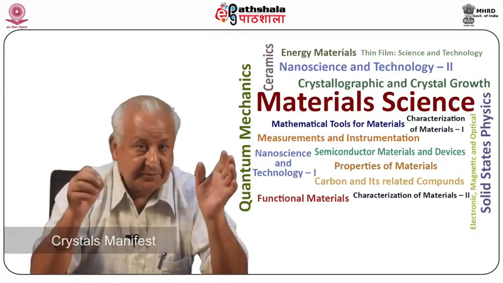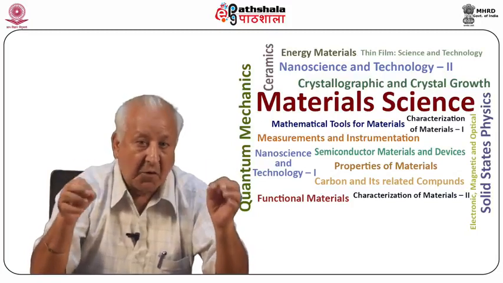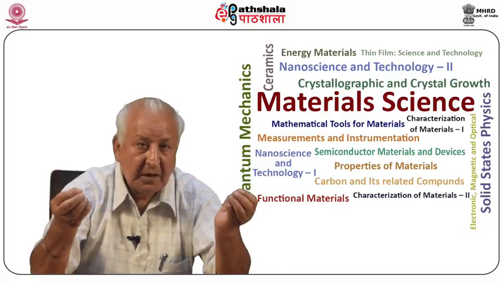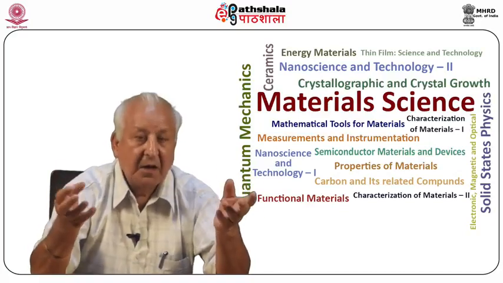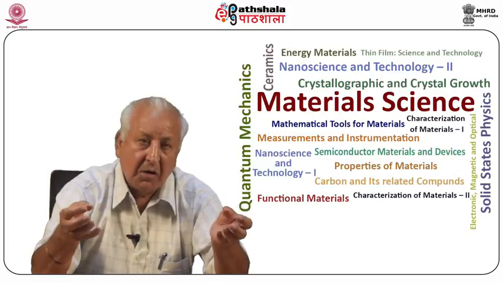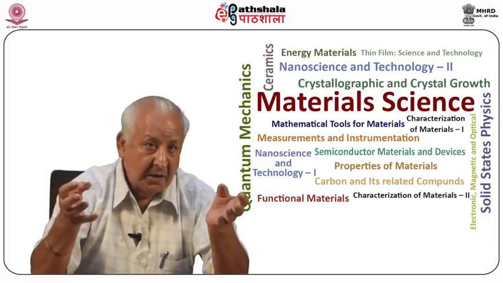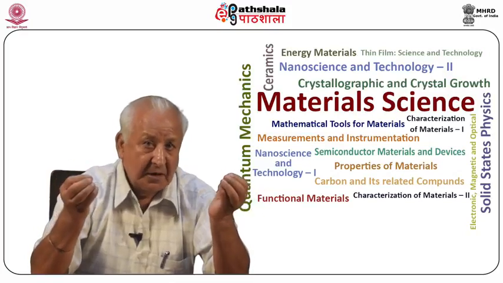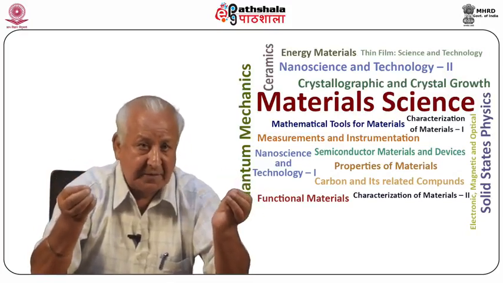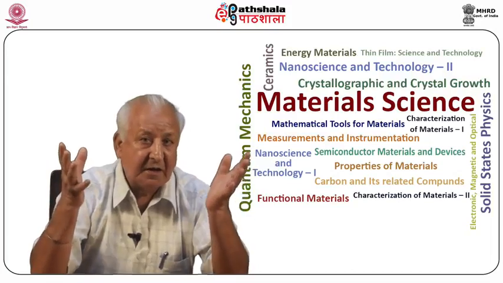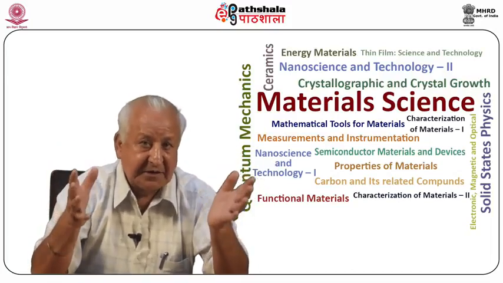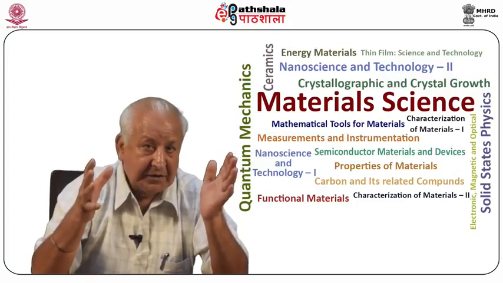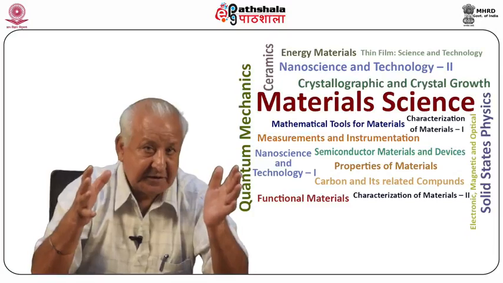Crystals manifest structure-sensitive properties, be it mechanical, optical, electronic, or any other. Polymorphism is a term used for a phenomenon in which a chemical compound crystallizes in more than one form genetically distinct.